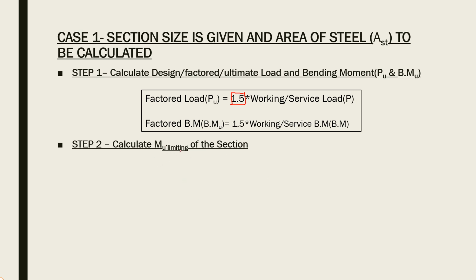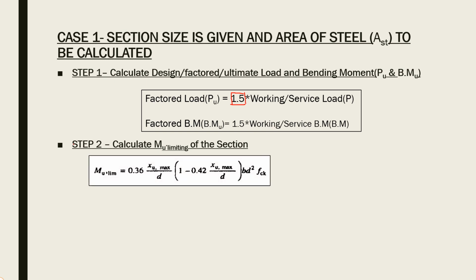This Mu limiting is the ultimate or maximum moment carrying capacity that the section can take. Mu limiting will be calculated by the formula: Mu limiting is equal to 0.36 xu max by d into (1 minus 0.42 xu max by d) into fck bd square.